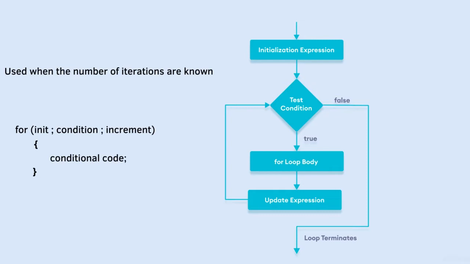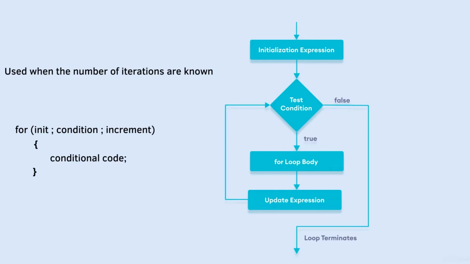Condition means the finishing point, when you want your loop to be terminated. That condition will come here. So here I will write something like i is less than or equal to 100. That is the condition. Unless and until the i value is less than or equal to 100, it will keep on executing. And increment: since i is 1 and it needs to go till 100, I need to keep on incrementing the value.